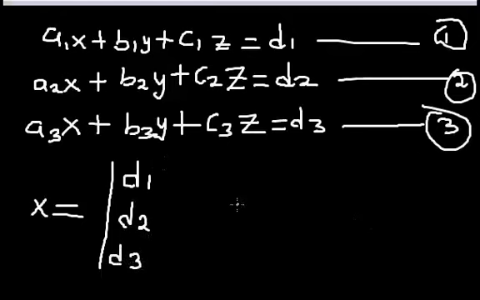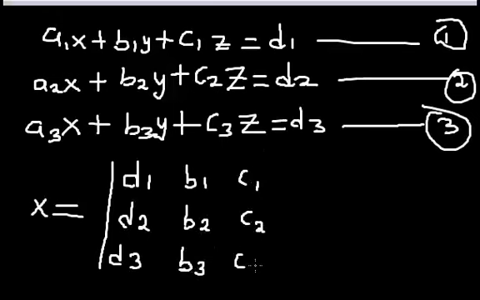Now for the other 2 columns, I'm going to take the coefficients of the other variables in ascending order, starting with y before z. So the second column is going to be b1, b2, b3. The next is going to be c1, c2, c3.